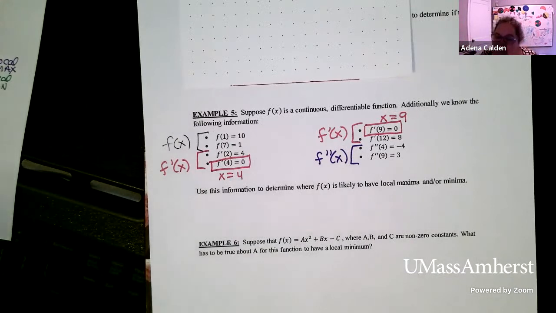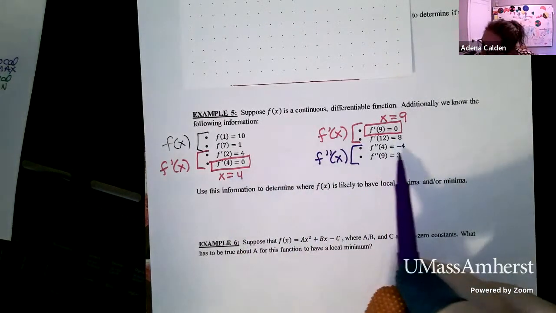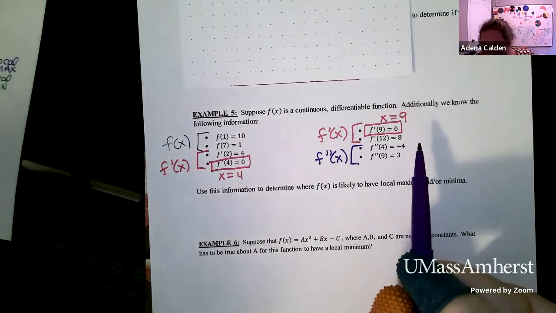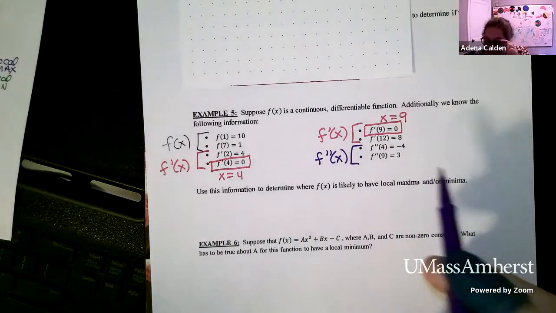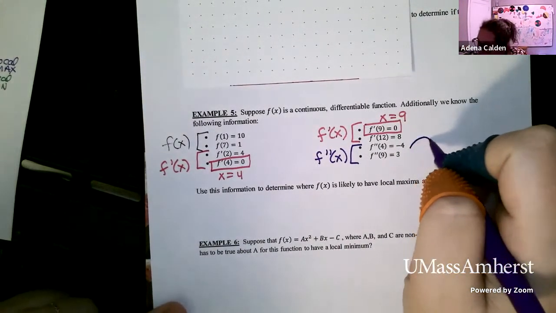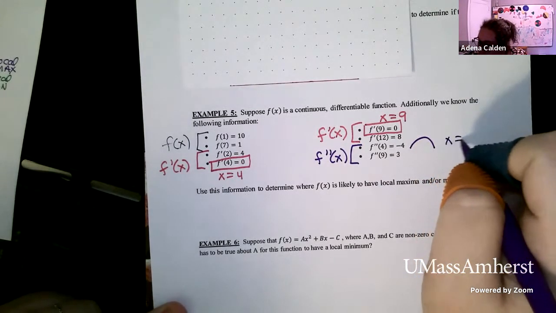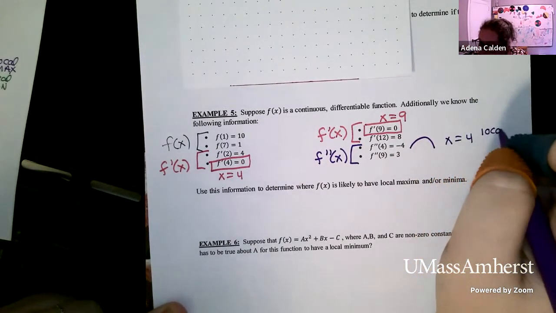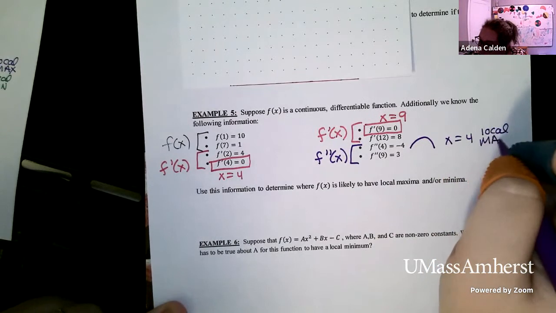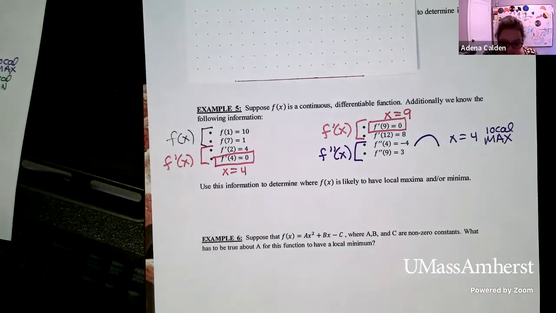So the second derivative at 4, which is our first critical point, is -4. If the second derivative is negative, that means the original function's concave down, and x equals 4 is a local max. We also have information about the second derivative at 9.